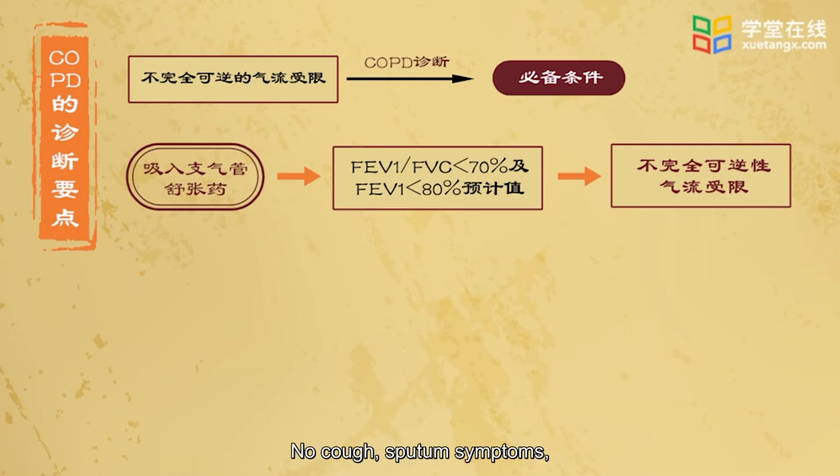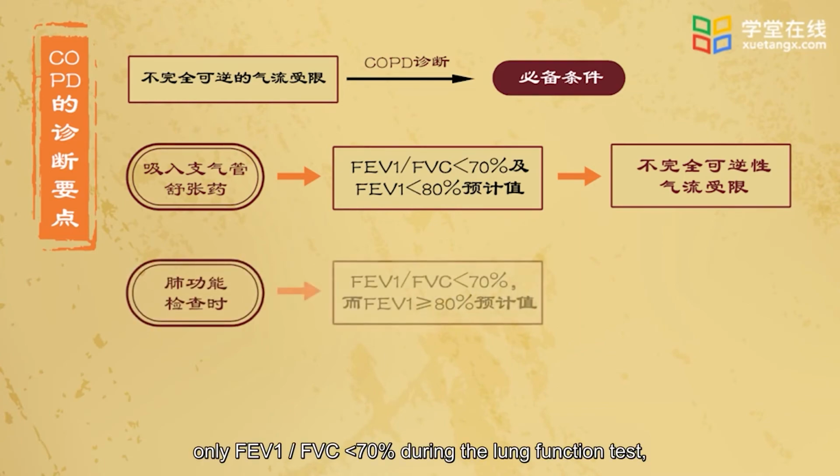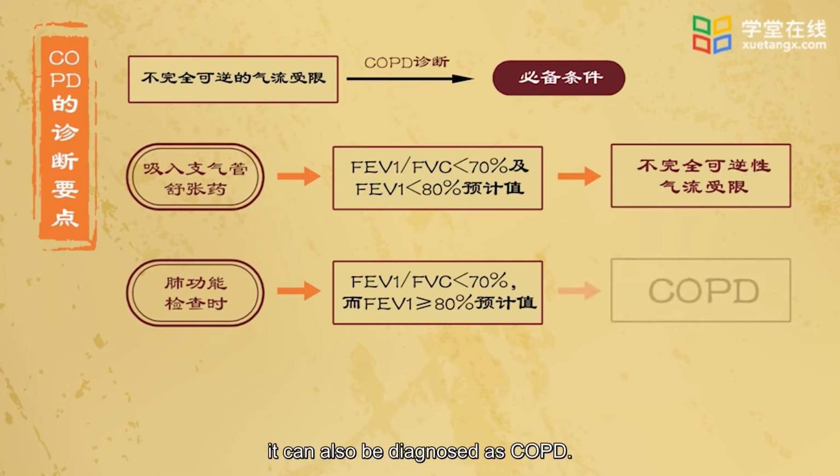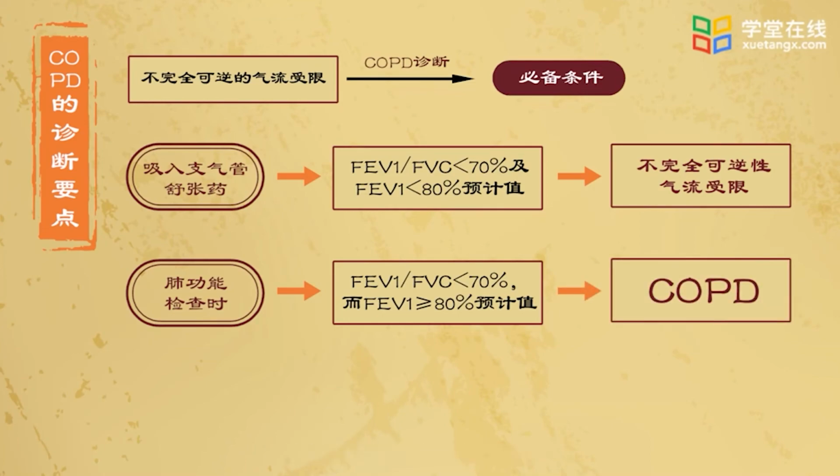For patients without cough or sputum symptoms, if the lung function test shows FEV1 to FVC less than 70% and FEV1 more than 80% of the expected value, after excluding other diseases, it can also be diagnosed as COPD.